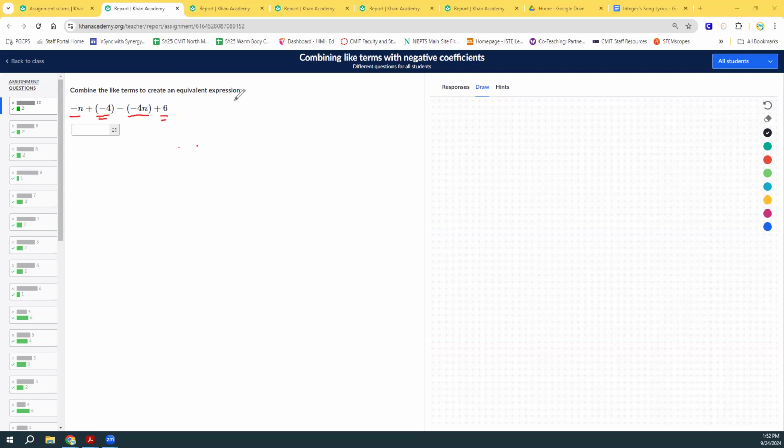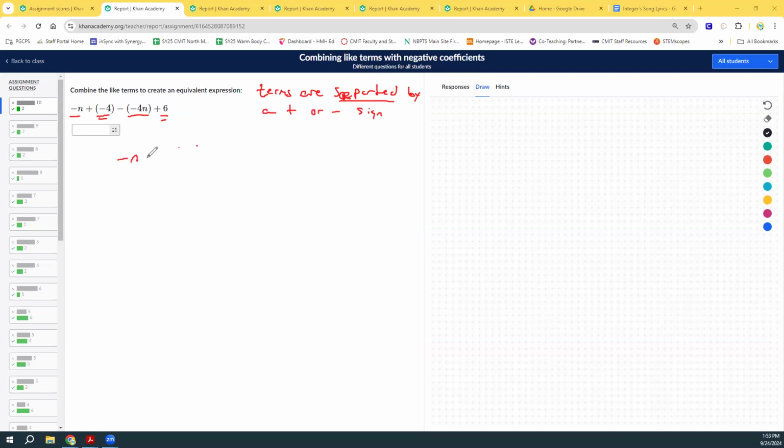Terms are separated by a plus or minus sign. So you've got to know where your terms are. Separated by a plus or minus sign. That says separated. Okay, so we have 1, 2, 3, 4 terms.